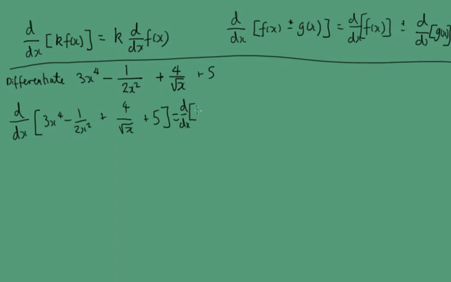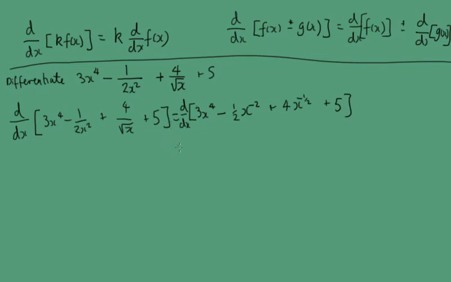We're just going to leave that 3x to the power 4, minus a half x to the minus 2, plus 4x to the minus half, plus 5.